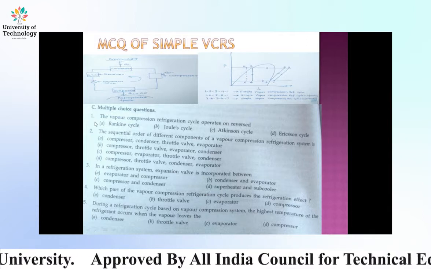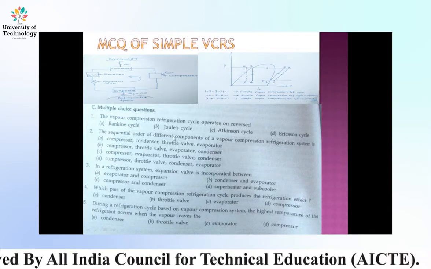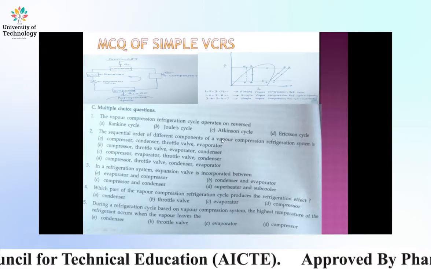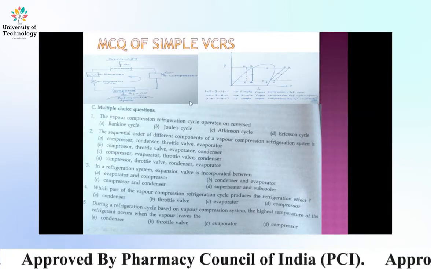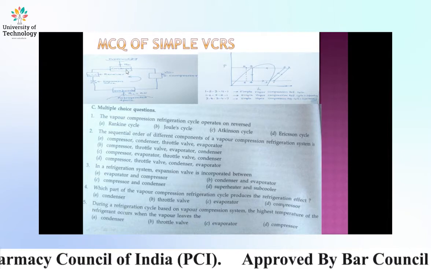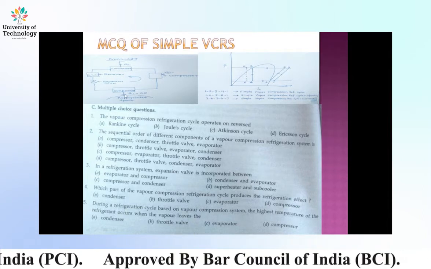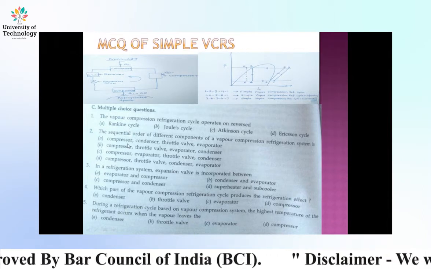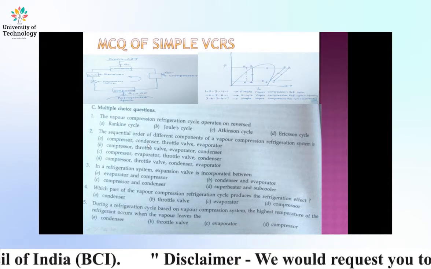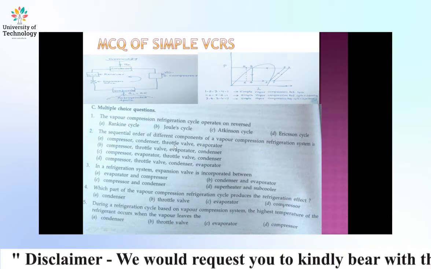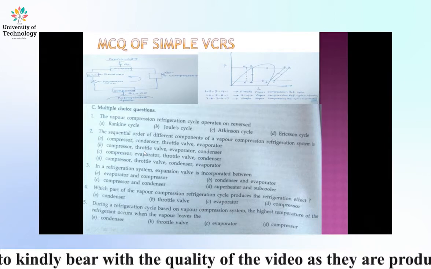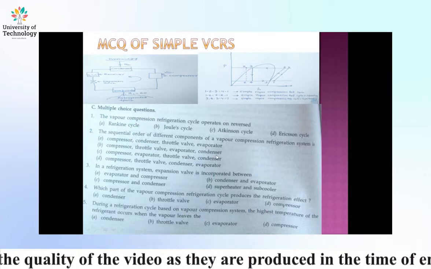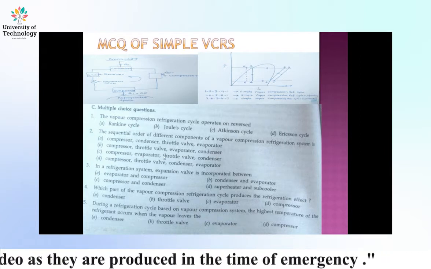Now question number 2. The sequential order of different components of vapor compression refrigeration system. Look at this diagram. The sequence is compressor, condenser, expansion valve, and evaporator. Look at the options: compressor, condenser, throttle valve, which is also known as expansion valve, and evaporator. Compressor, throttle valve, evaporator, condenser. Compressor, evaporator, throttle valve, condenser.